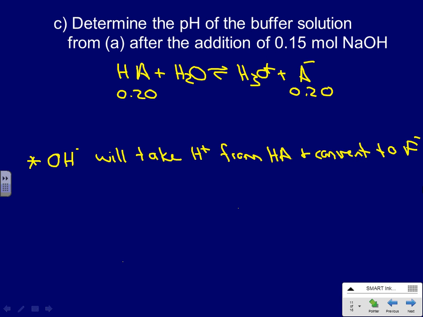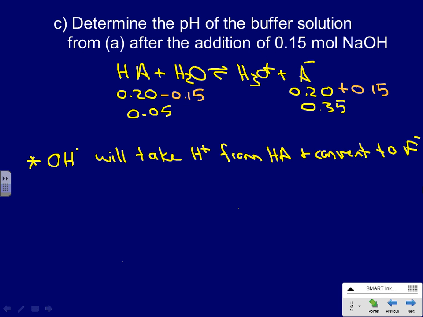So in this case, the HA of the super twins steps in, donates the H, converts it to the A minus, which means minus 0.15, plus 0.15. And therefore 0.05 and 0.35.